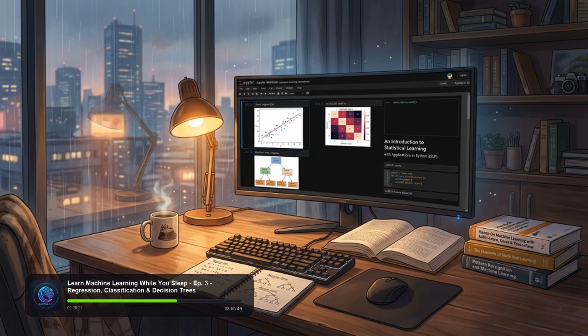A bootstrap sample is generated by taking the original training dataset of n observations and randomly sampling n data points with replacement. Sampling with replacement means that after a data point is selected, it is placed back into the candidate pool, allowing it to be selected again in the same sample.